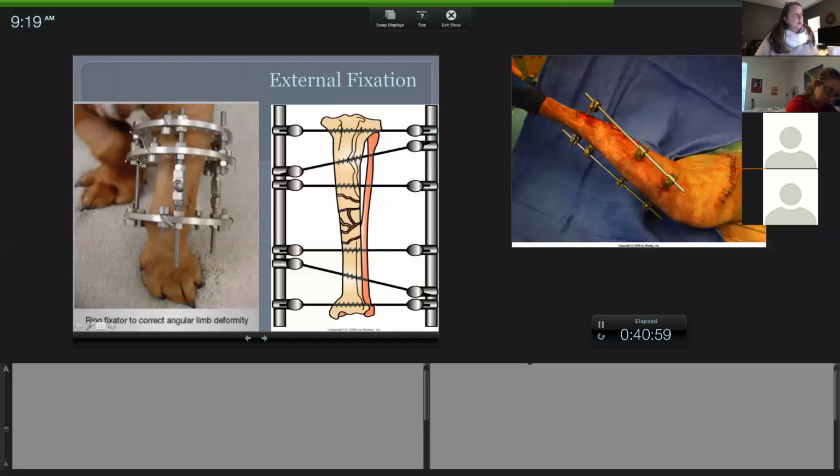I hate these. Animals with external fixators are very hard to manage, but if we look at this bone, these are usually for infected bones.